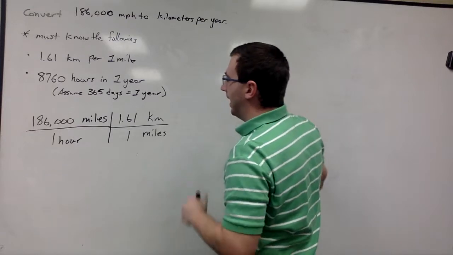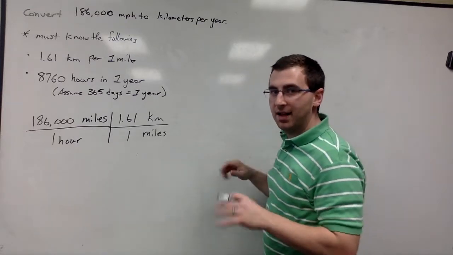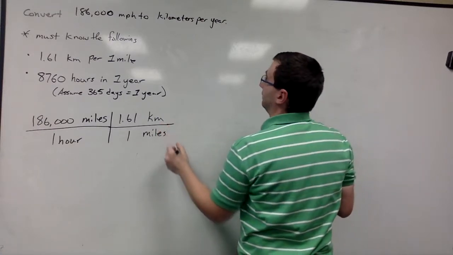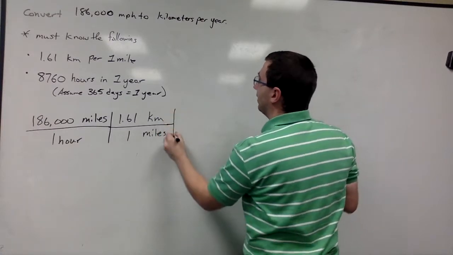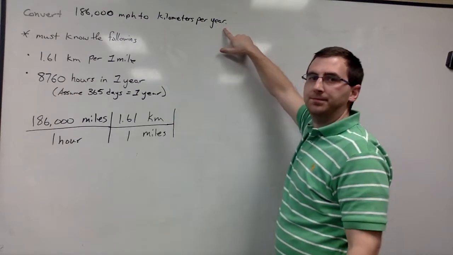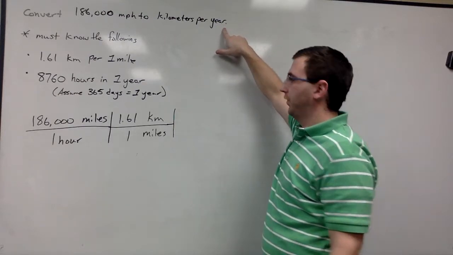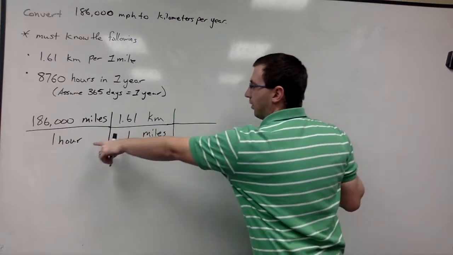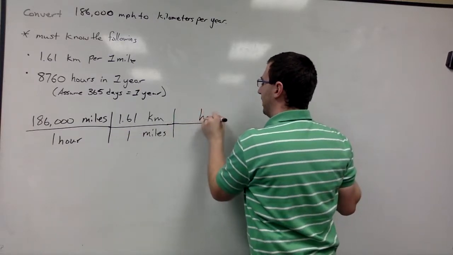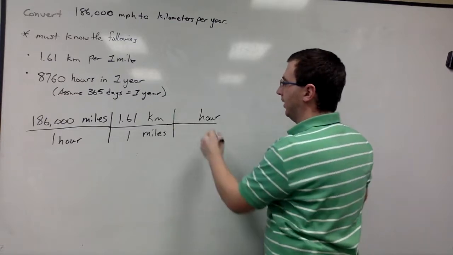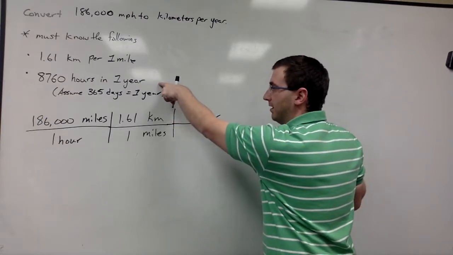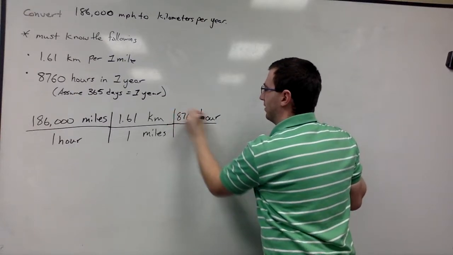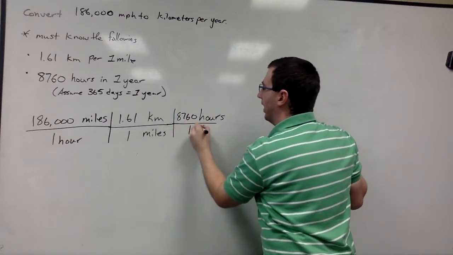Now that we took care of the distance, we got to take care of the time. We got an hour on the bottom, but wait a second, we should have a year on the bottom. So to have the year on the bottom, we can cancel out the hour with some unit hour over here. From the second piece of knowledge, there are 8,760 hours for every 1 year.